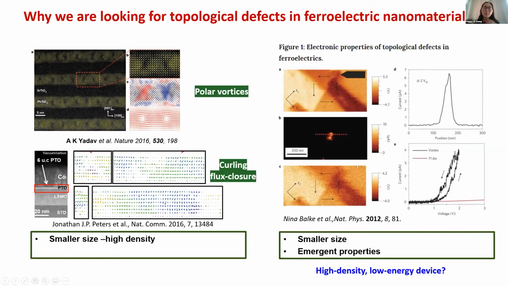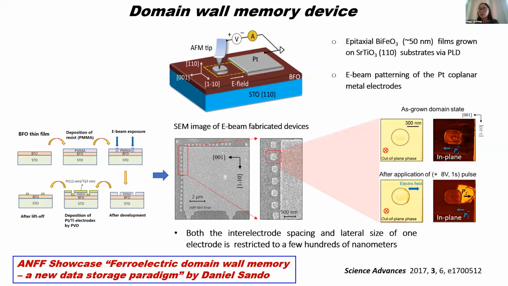If we combine these two features, the small size and the emergent properties, it provides a good opportunity to develop these topological defects into device functions. Talking about device function, we need to design and fabricate electrodes or devices on these materials. In one of our studies a few years ago, we successfully realized domain wall memory devices on BFO thin films.